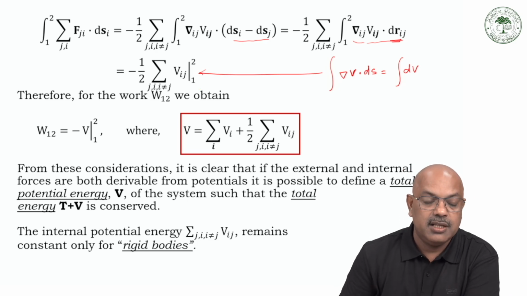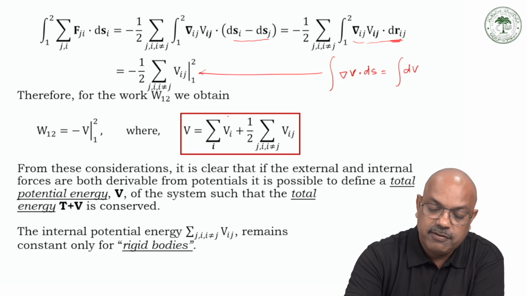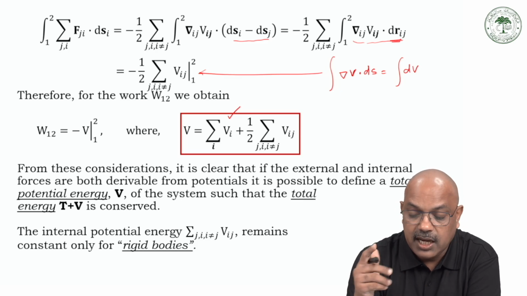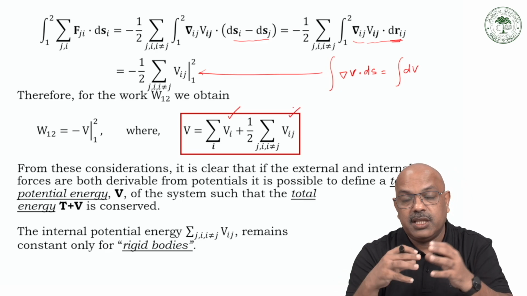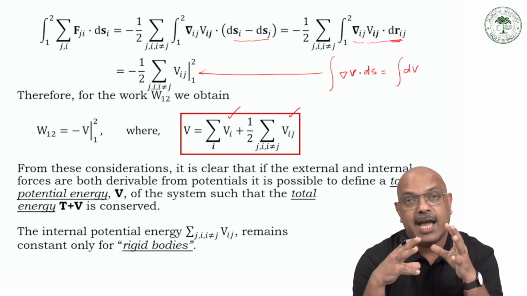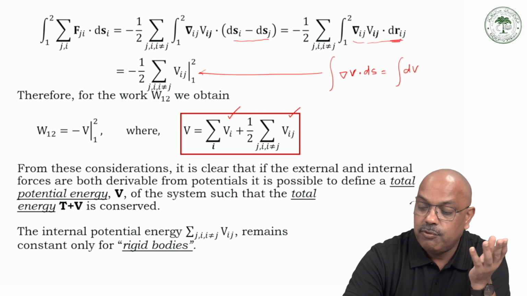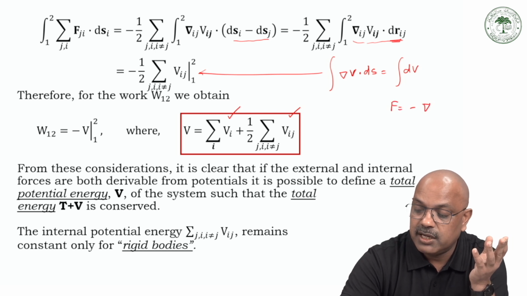But there are two potentials. One is because of the external force which is applied, and one is coming because of the internal forces. The internal forces are cancelled with each other, but the potential exists, because the force is coming from the gradient of the potential.